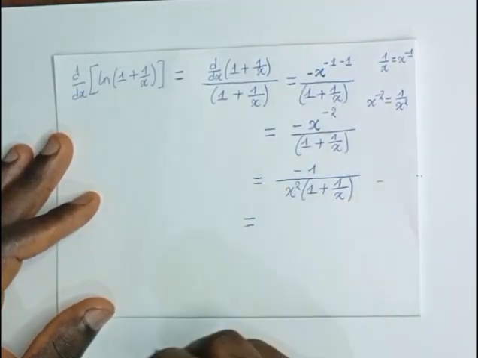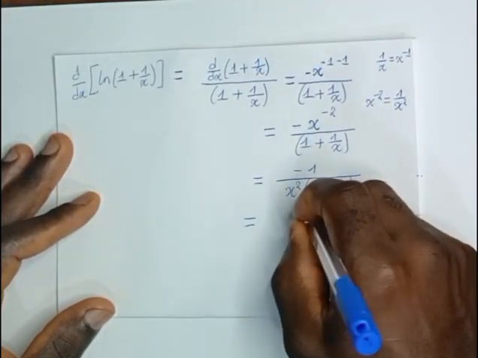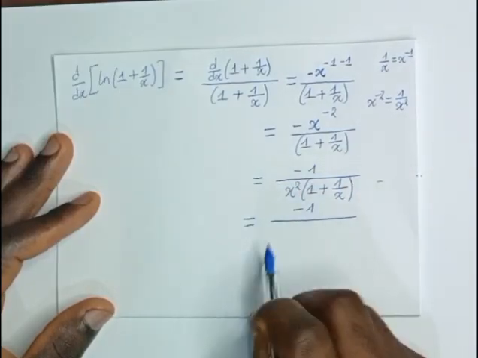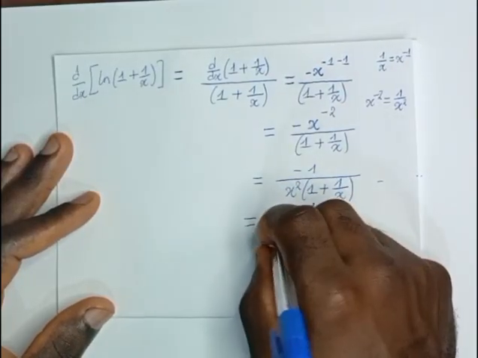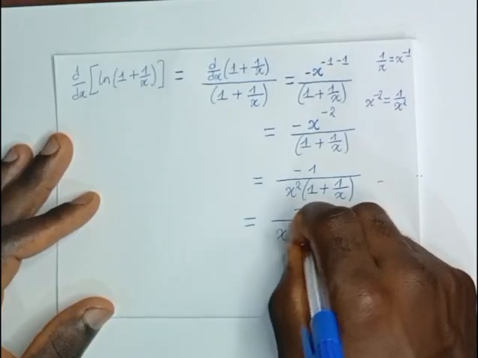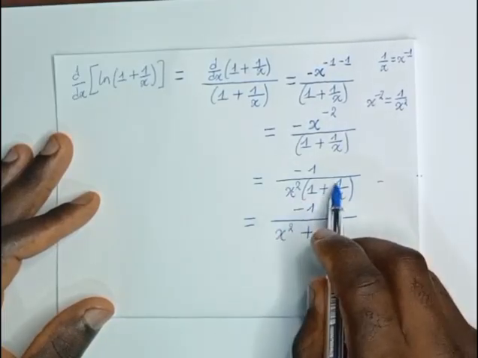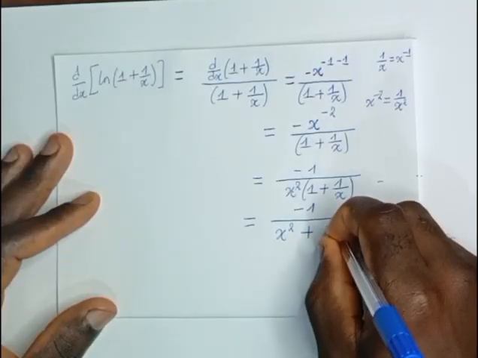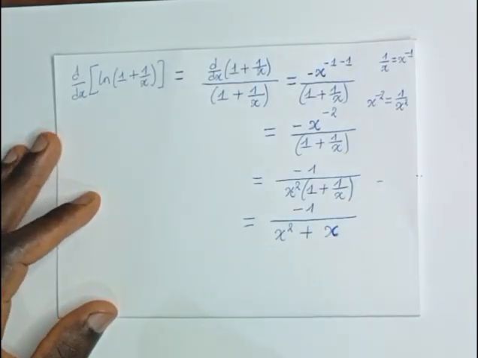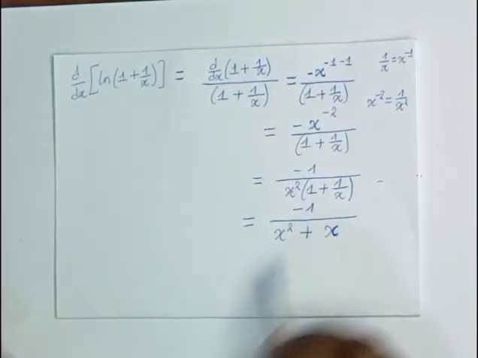This will simply be equal to negative 1 all over, multiplying all through, x squared times 1 gives us x squared, plus x squared times 1 over x gives us x. This is the derivative of the function we have at the numerator.